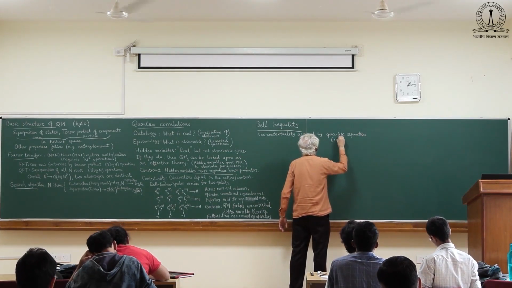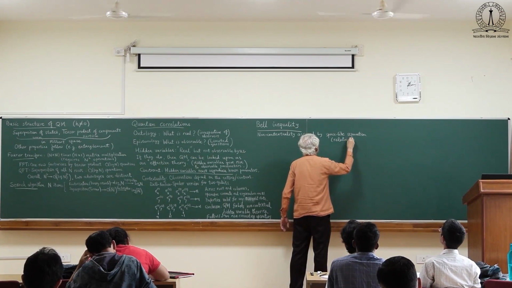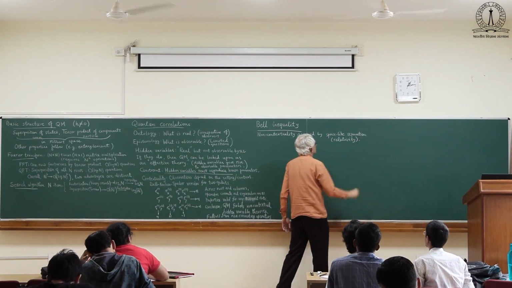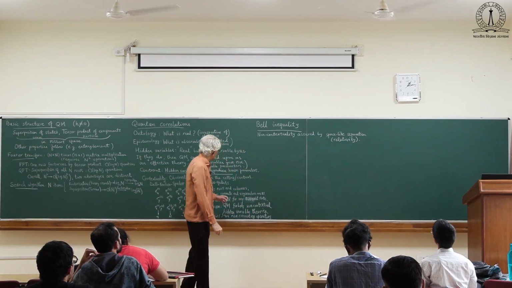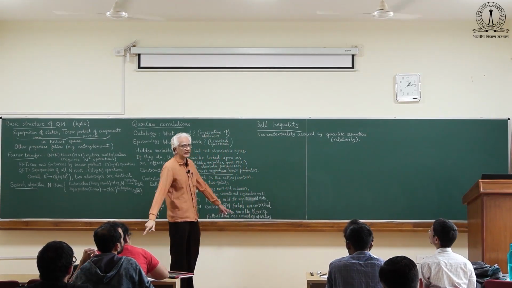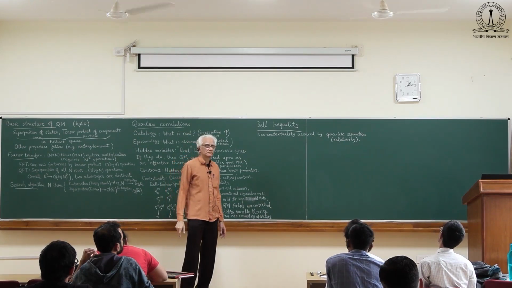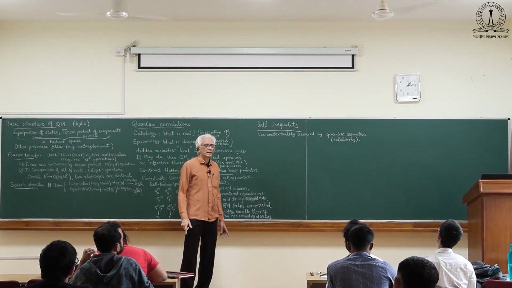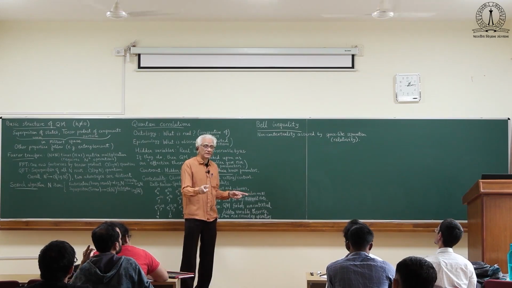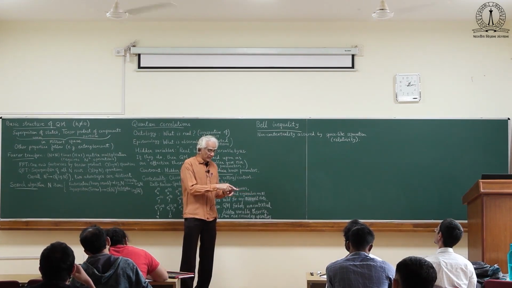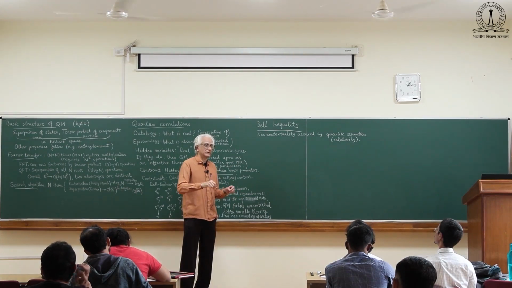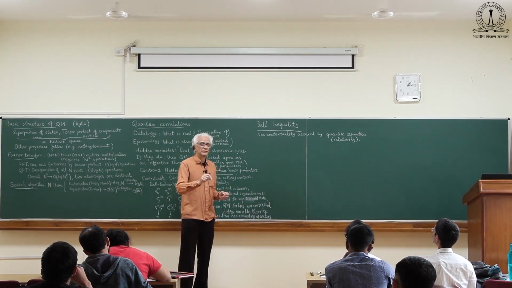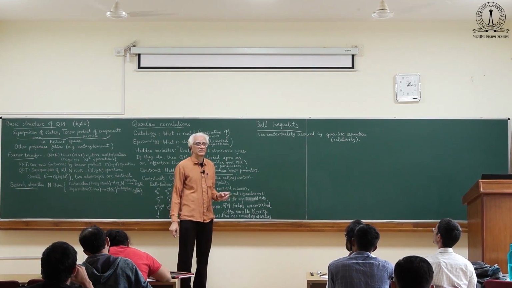He took help of the principle of relativity and said that these two qubits are at a space-like separation. Space-like separation means that the distance between them is larger than the speed of light corresponding to the time interval of measurement.